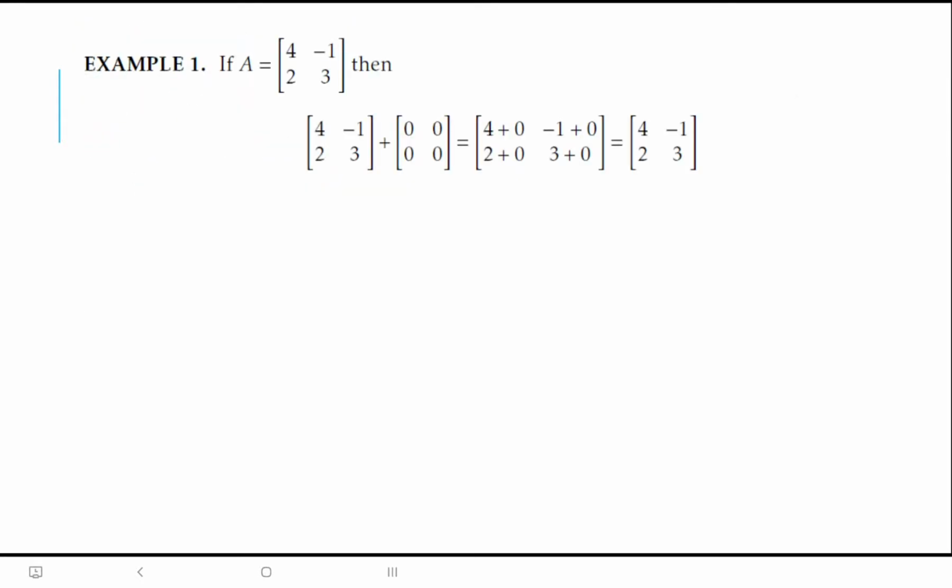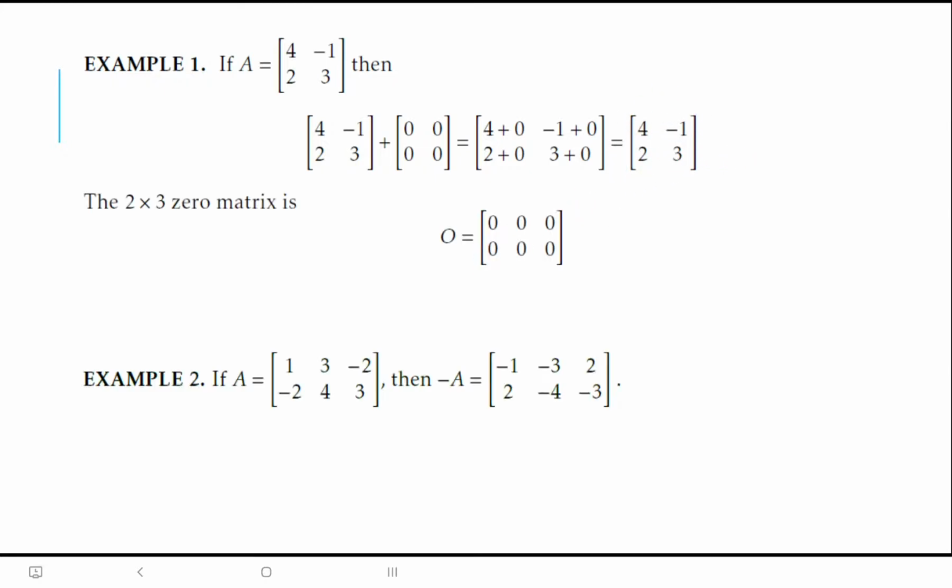Okay, so example 1 here. So we have a matrix for negative 1, 2, and 3. Here we have the 2 by 2 0 matrix, and then if we add that to this 2 by 2 matrix, we will still get the original matrix. Okay, and then we have here, an example lang naman, the 2 by 3 0 matrix.